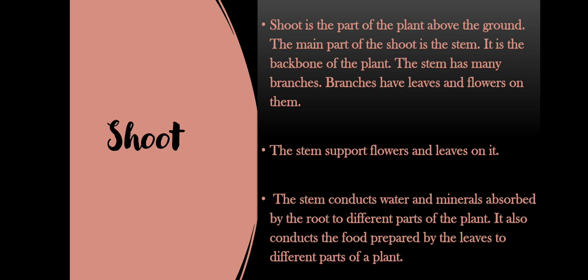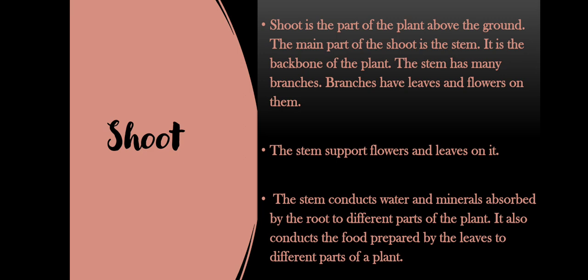What does stem do? Stem conducts water and minerals which are absorbed by the root to the different parts of the plant. It also conducts the food prepared by the leaves to different parts of a plant. So what does leaf do? Leaves make the food.